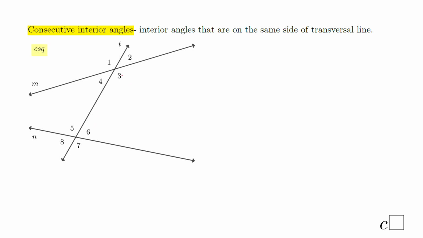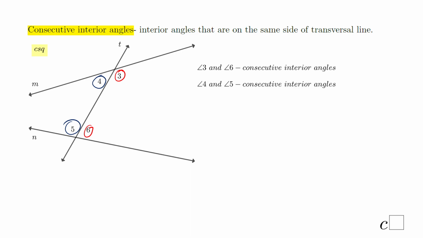So that tells me I'm going to match 3 and 6. You see, they are interior on the same side, and 4 and 5. Angles 3 and 6 are consecutive interior angles. Angles 4 and 5 are also consecutive interior angles.